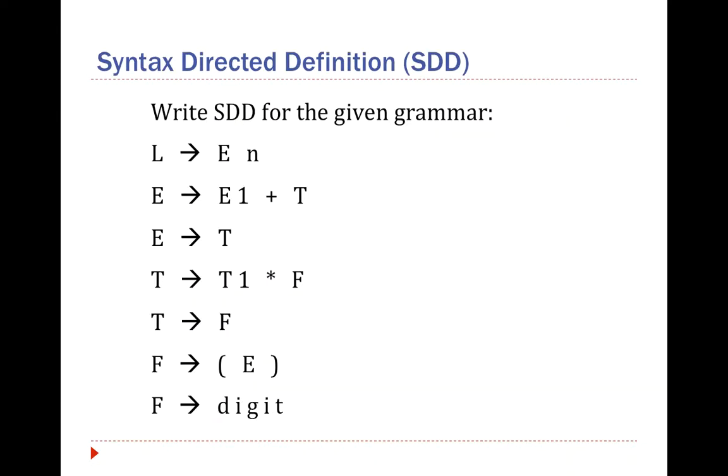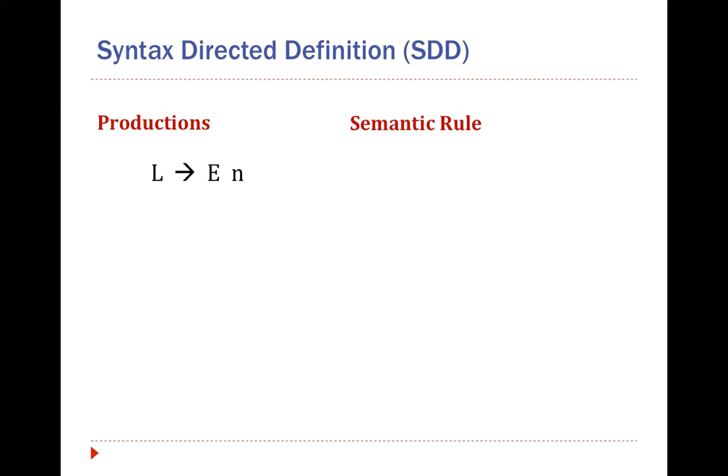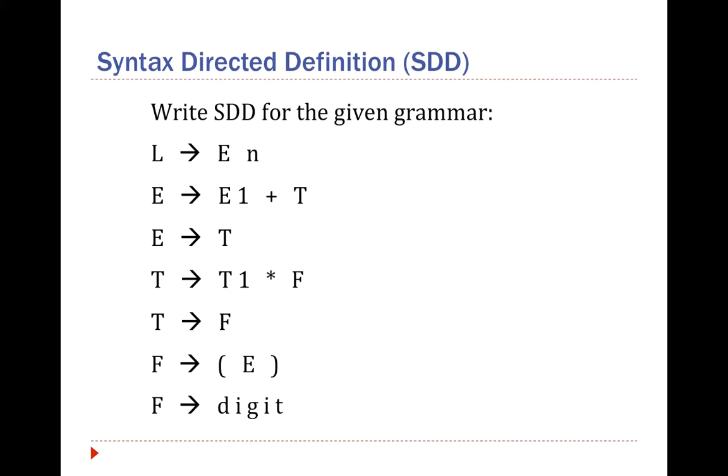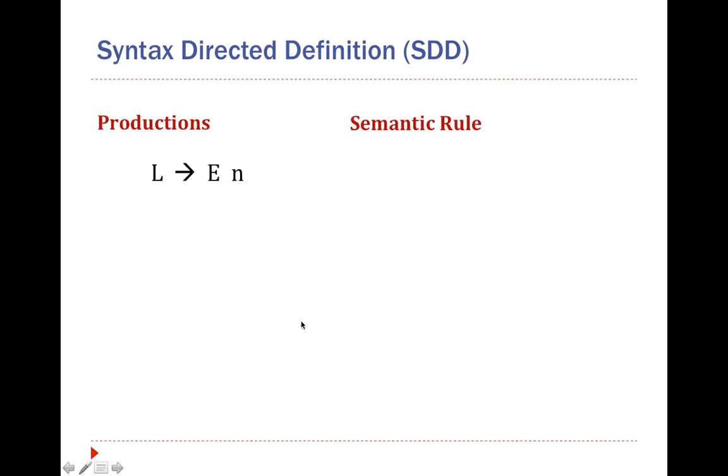Now the syntax directed definition. Write the syntax directed definition for the given grammar. The production rules which are given here, I'll be displaying one by one. The first production rule, L gives E. As this has synthesized attributes, L.val equal to E.val. That means the val at the parent node is computed using the val at the children node.